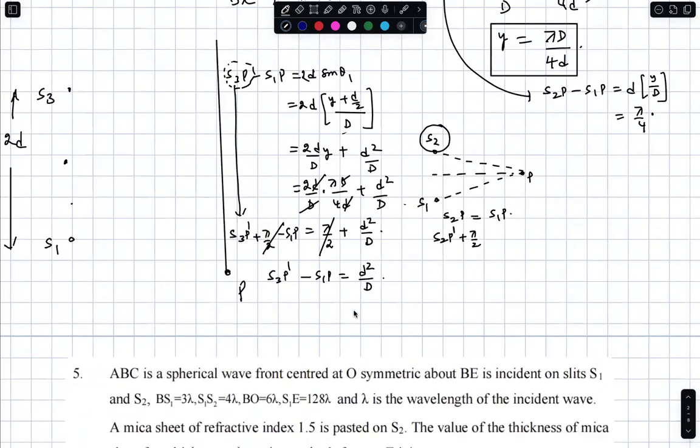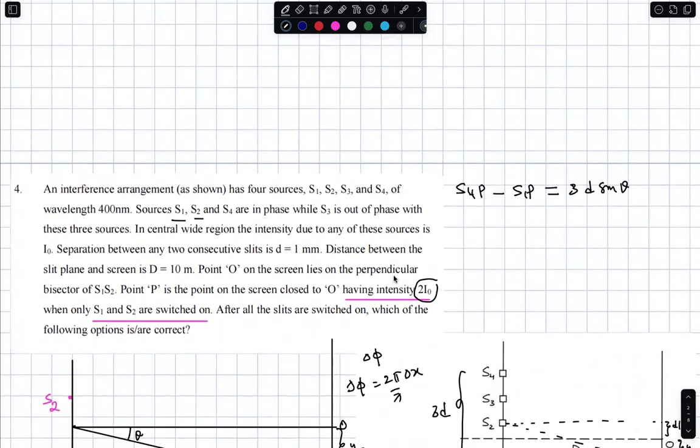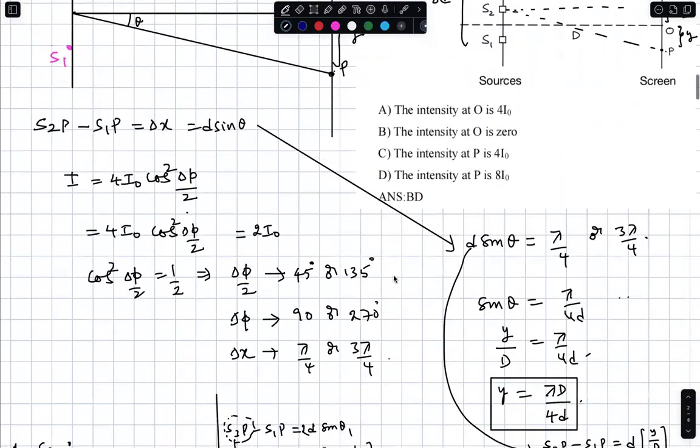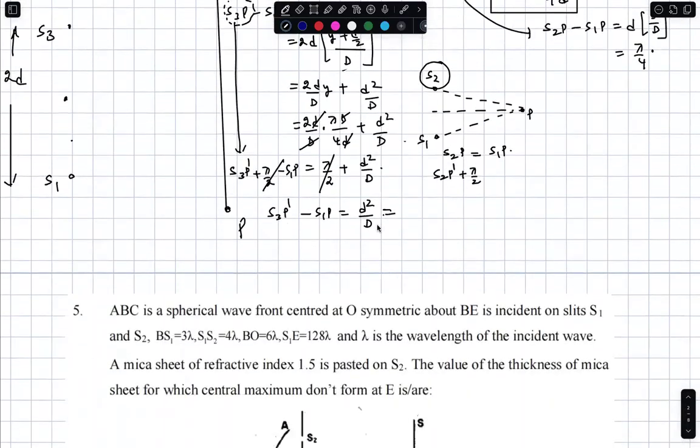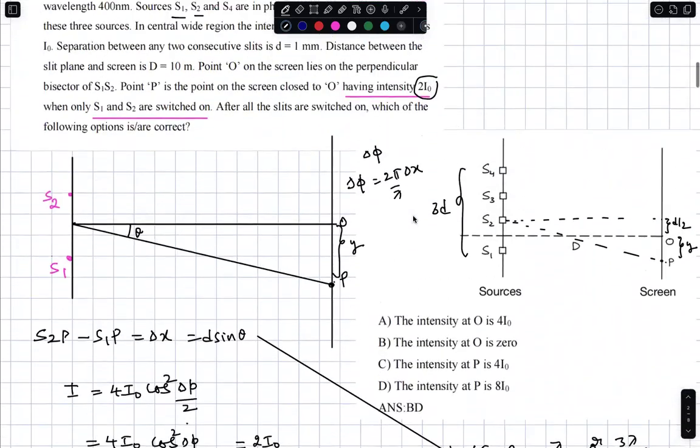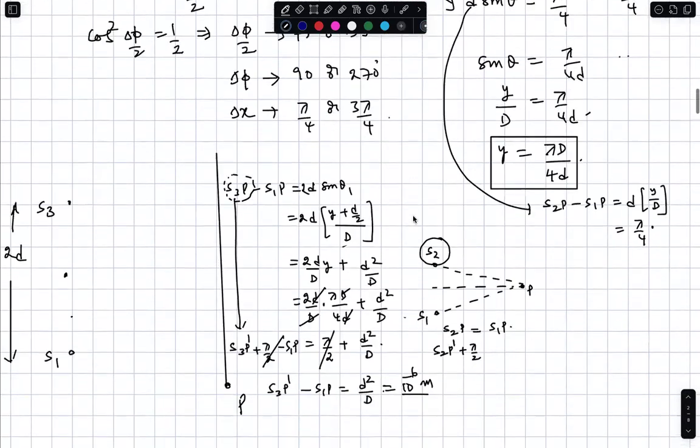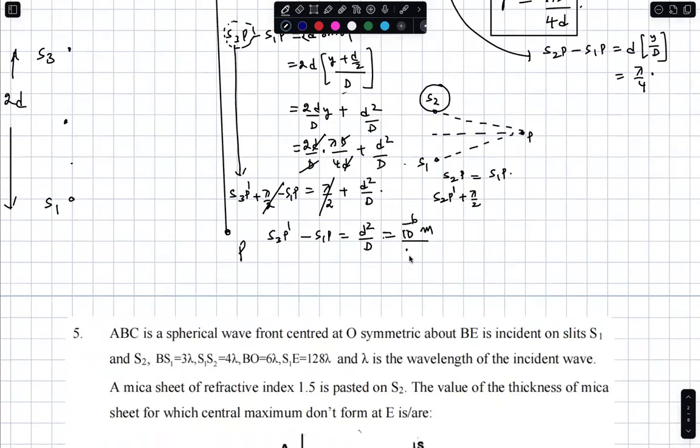Can you please help me in writing d square? D square is 1 mm square, 10 power minus 6 meter square, by capital D. What is capital D? 10 meter. So this will be 10 power minus 7 meter.